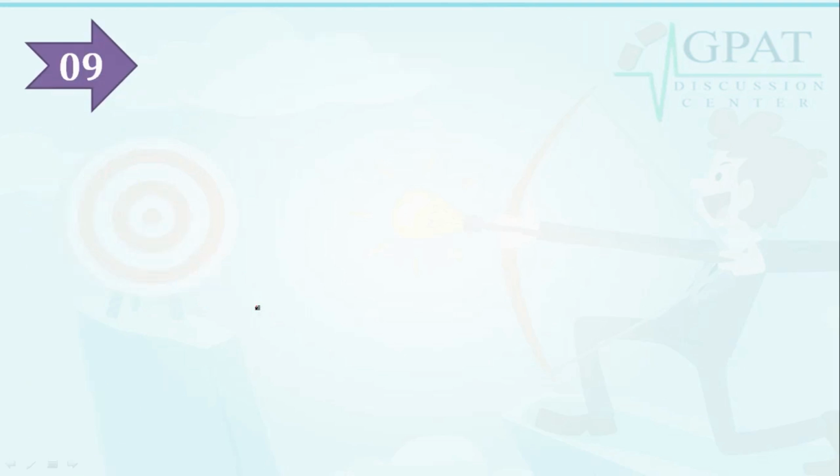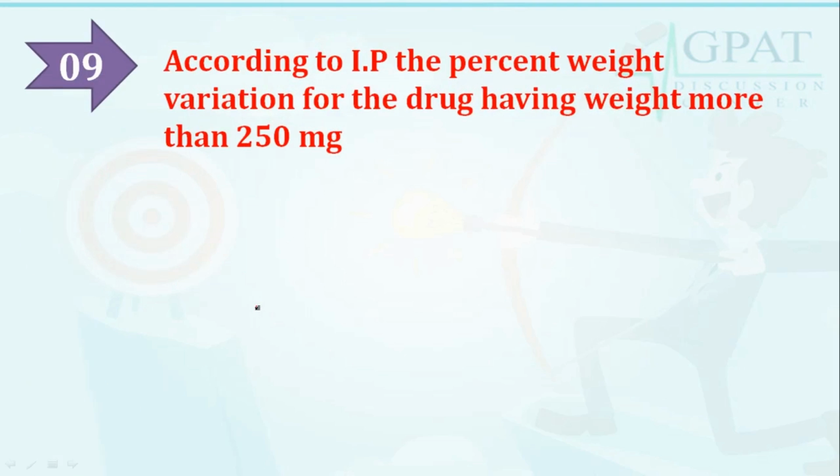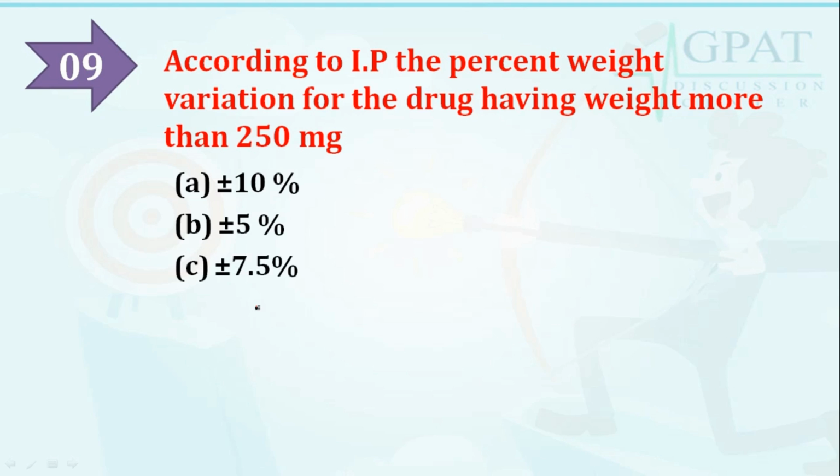Next question, question number 9. According to IP, the percent weight variation for a drug having weight more than 250 mg. And the options are plus minus 10%, plus minus 5%, plus minus 7.5%, or plus minus 15%. And the right answer is plus minus 5%.